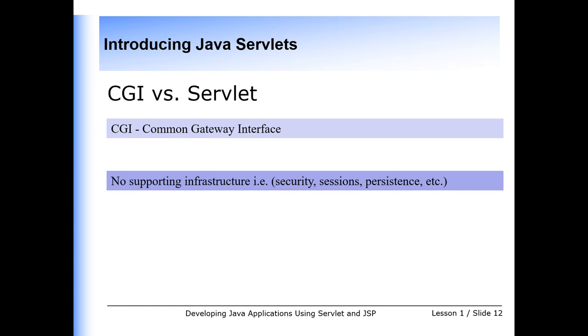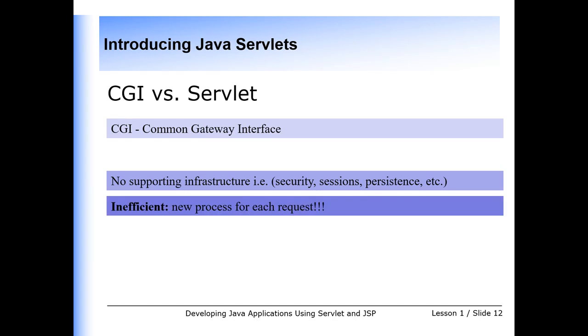These are the key drawbacks of the CGI. And next one is inefficient. CGI was inefficient to handle multiple client requests at the same time. So CGI was not scalable.